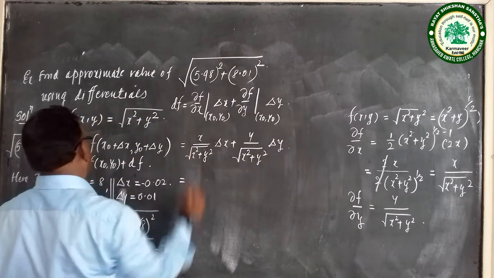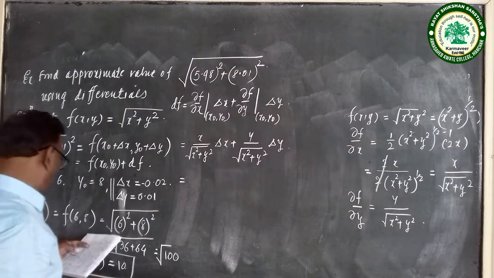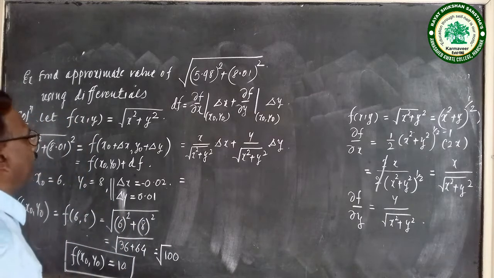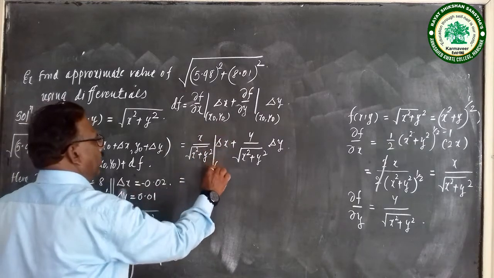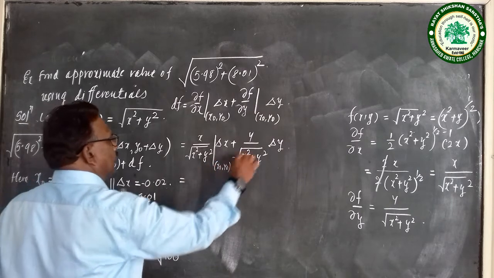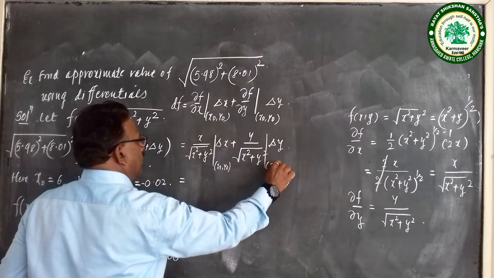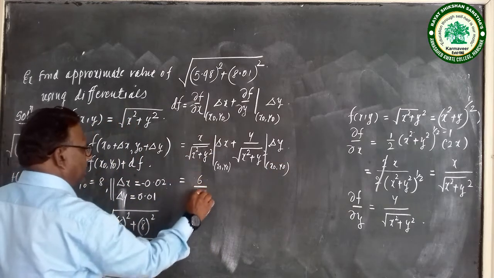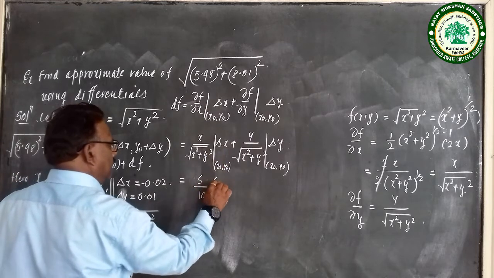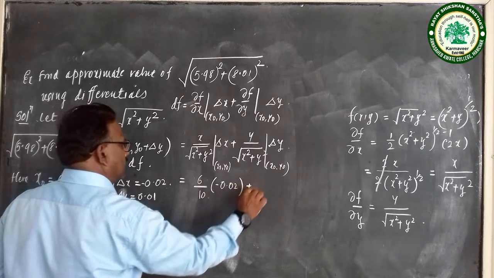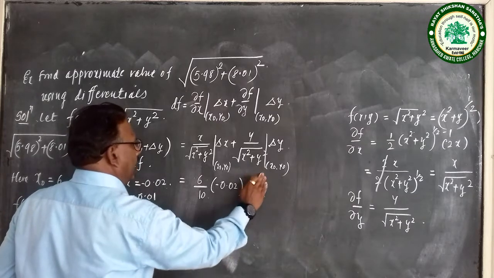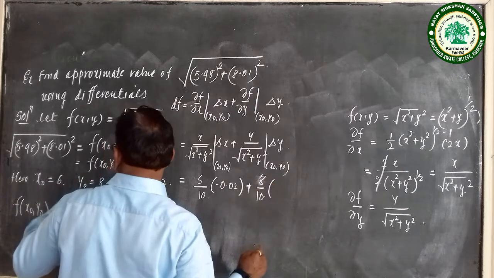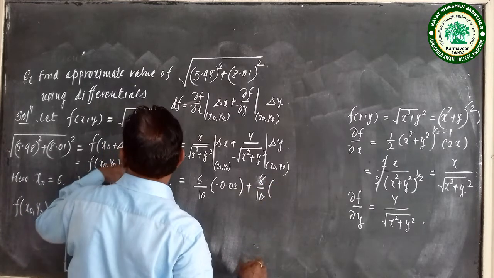Put these values at point (x₀, y₀). Here x is equal to x₀, which is 6, and the root value is already calculated as 10. Δx is minus 0.02, so 6 upon 10 into minus 0.02, plus 8 upon 10 into Δy, where Δy is 0.01.